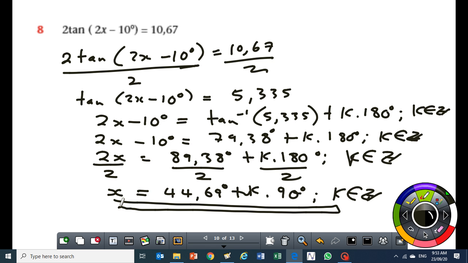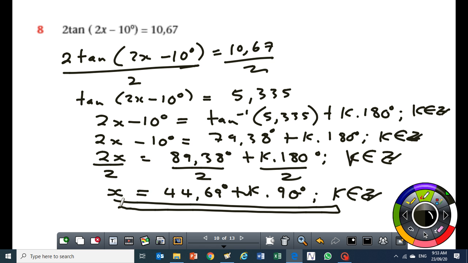Right. Let's put k equal to 2. Okay, let's put k equal to minus 2. If you put k equal to minus 2 here, you get minus 180. Minus 180 plus 44.69 gives you the negative of the previous angle, minus 134.69. Now, put a negative angle.